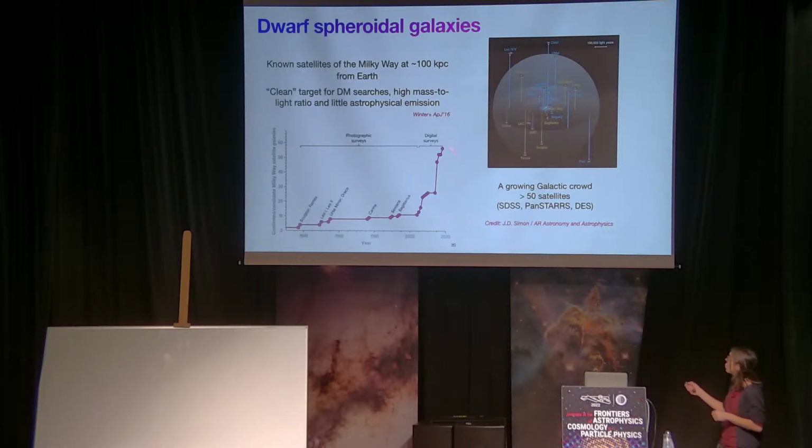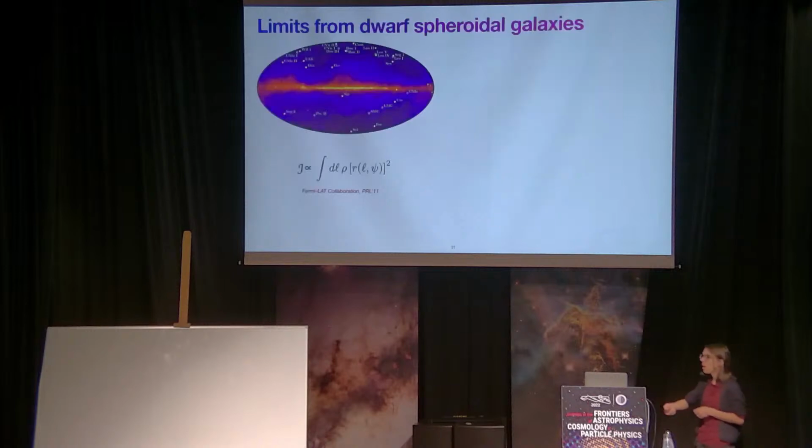The number of dwarfs today is more than 50, so it reaches almost hundreds, thanks to the latest advent of digital surveys like SDSS and DES. And in the future, with LSST, the Vera Rubin survey, we do expect to discover even more. So why are dwarf spheroidal galaxies interesting?